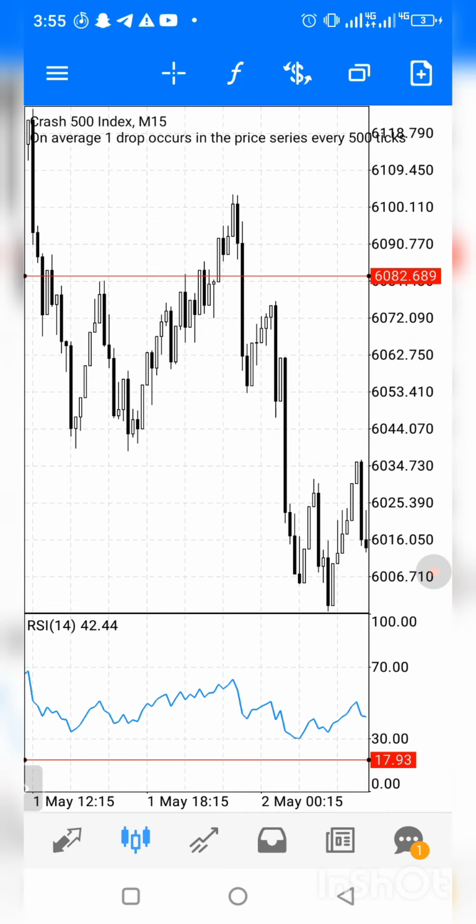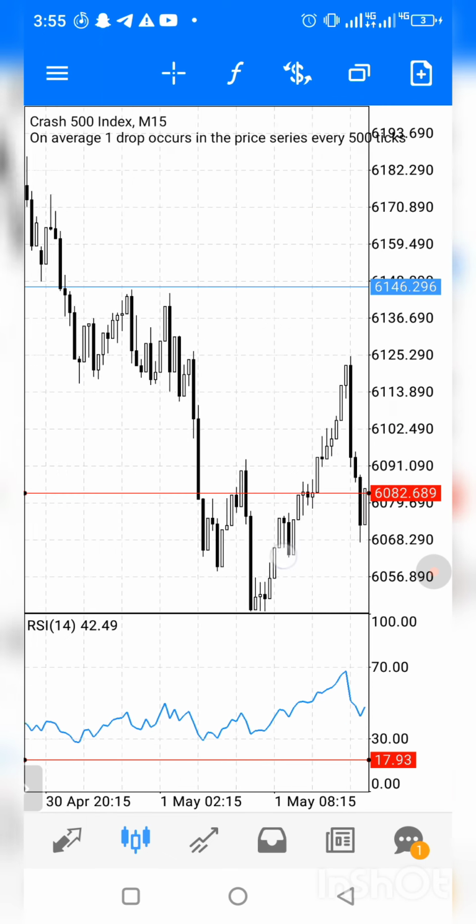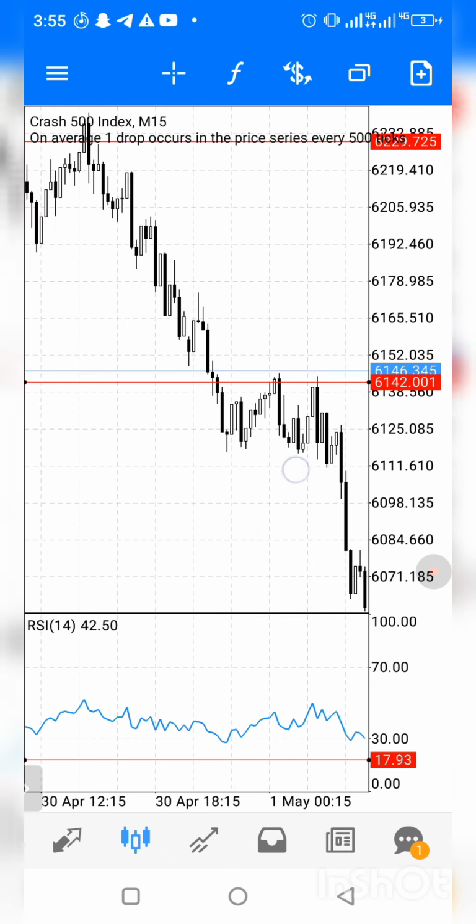But for Crash 500, I've observed that sometimes it goes beyond it, a little or far beyond it. So that is why you have to be very careful with your lot sizes, right? Ensure that you are using a sizable capital to trade it. The more it goes beyond, the more you keep adding trades, so long as you've identified your major resistance.